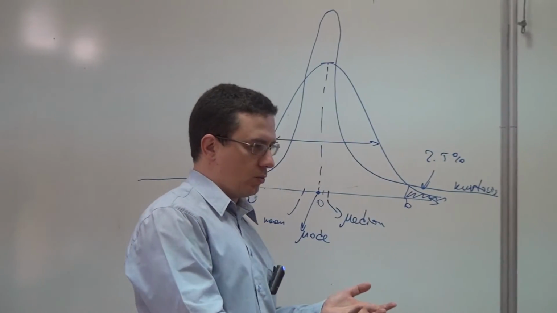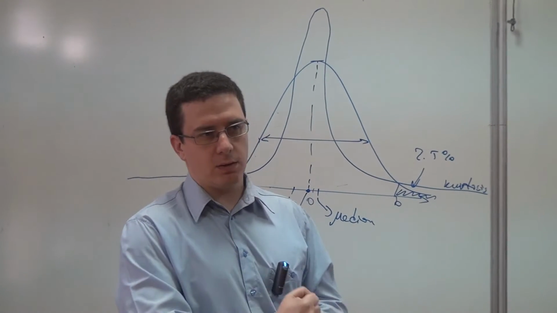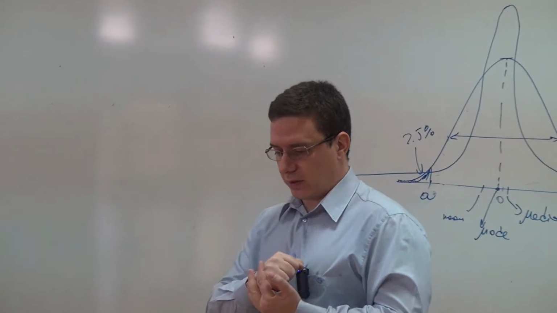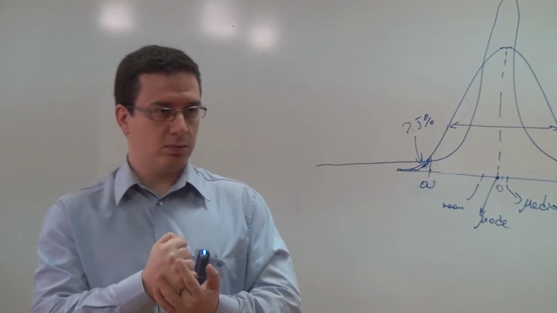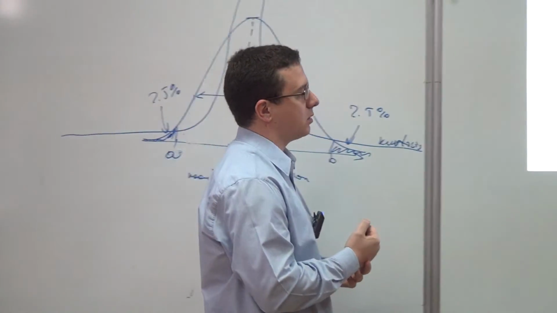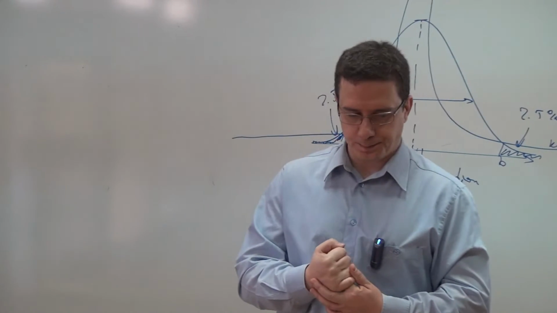So location will have the first moment, dispersion will be looking at the second moment, centered, and for the third we'll have the centered and scaled. Third moment will be the skewness, and kurtosis is the fourth moment, centered and scaled.